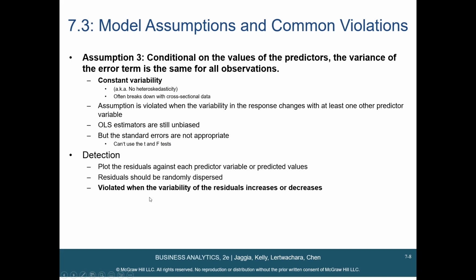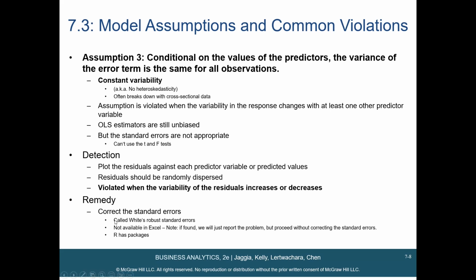So what I told you was you want to look at the residual plots, and they should be random. And if you see variability increasing or decreasing, it looks kind of like a triangle, you see a triangle or funnel shape in your plots, you have this problem. And there is a correction, there's a way to handle it, but you basically recalculate your p-values using corrected standard errors, something called White's robust standard errors, but we can't do it in Excel.